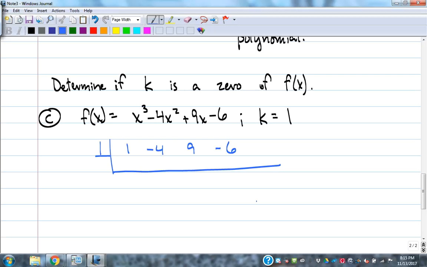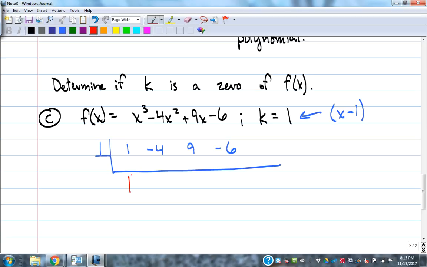Positive 1. Here's a hint. This actually came from x minus 1. That's where that's coming from. K equals 1 really is x minus 1 as a factor, relating it back to the last two examples we did. It's like dividing by x minus 1. Now run synthetic division with that.